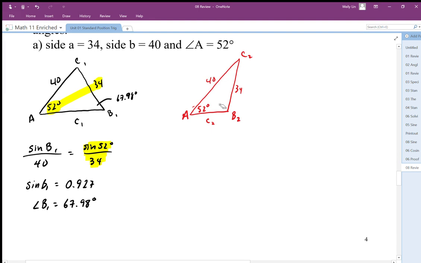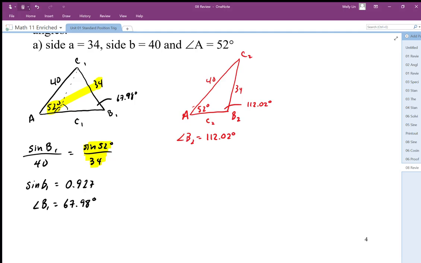This angle in here is a supplement to that, okay, because we know that as we make our isosceles triangle, this angle in here represents B2. So if I subtract from 180, I end up with B2. My angle B2 is equal to 112.02 degrees.